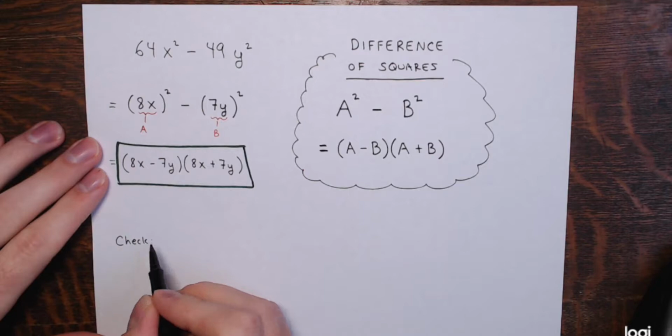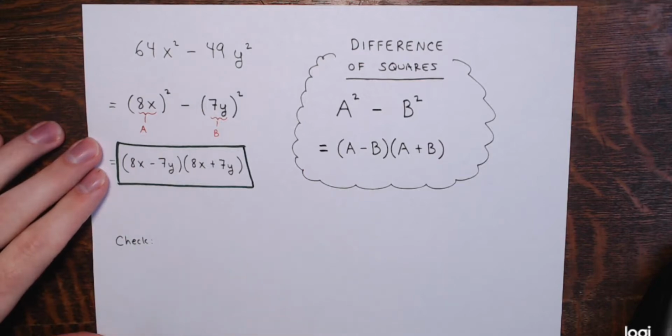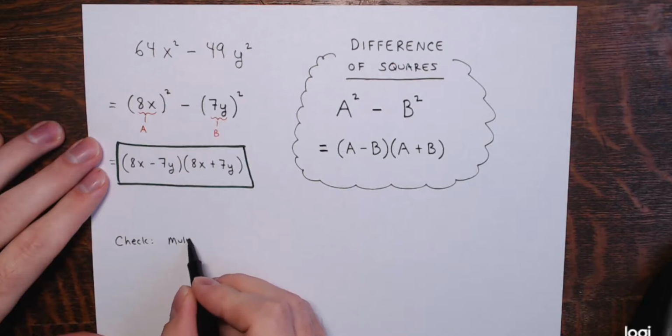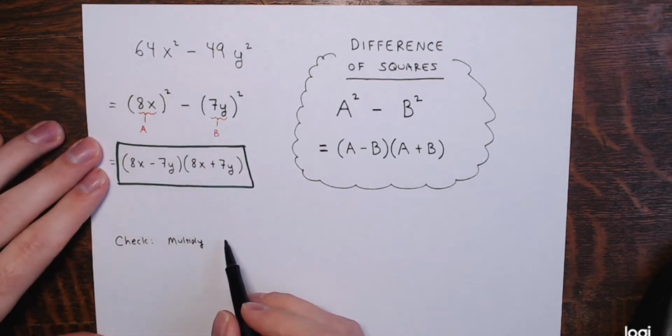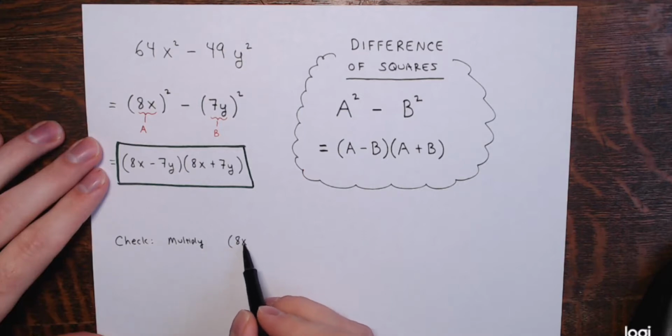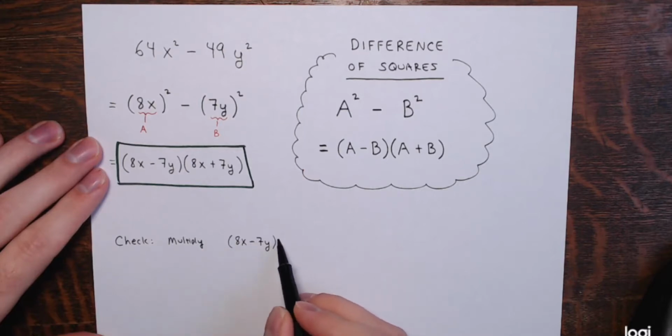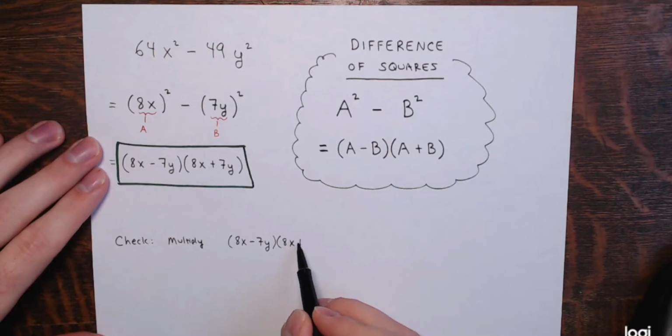Now, to check if you've factored correctly, you multiply and see if you get the expression that you started with. So if I take 8x minus 7y and multiply it by 8x plus 7y, let's see what happens.